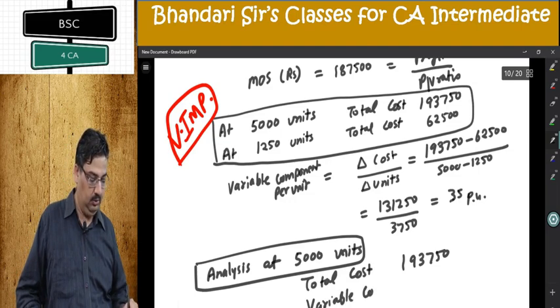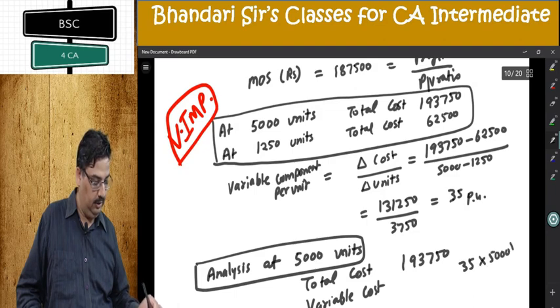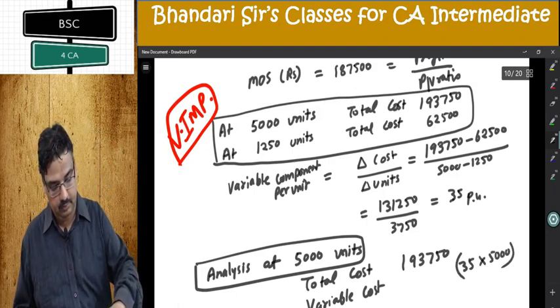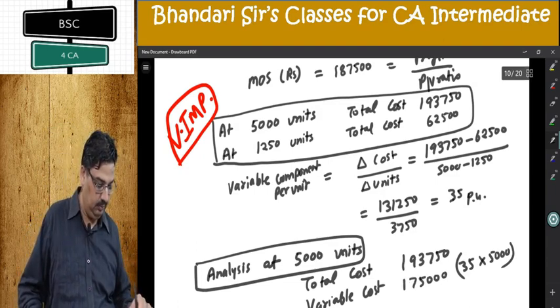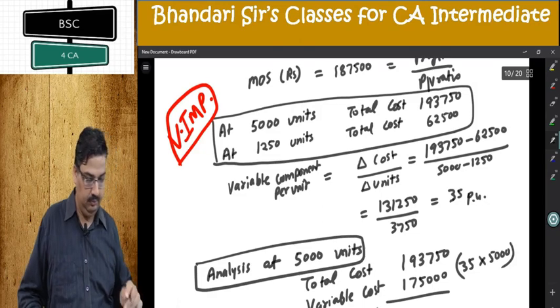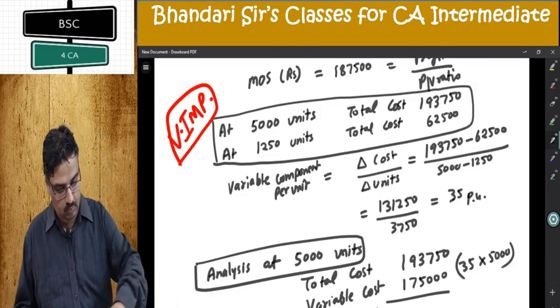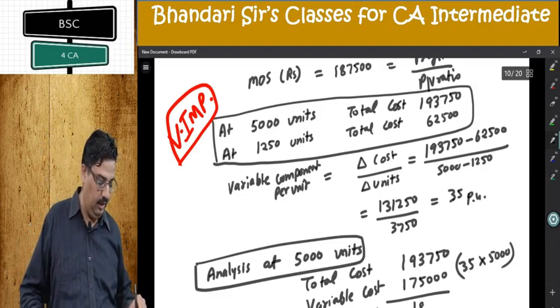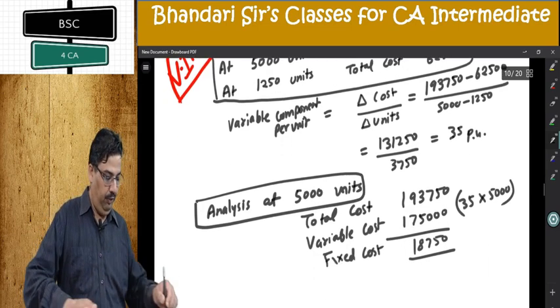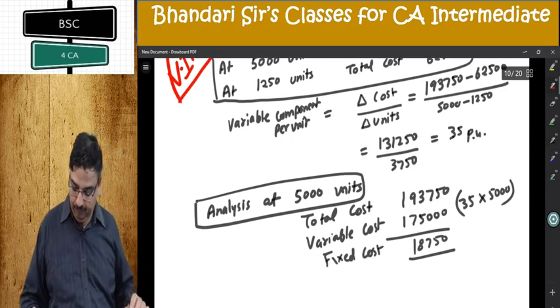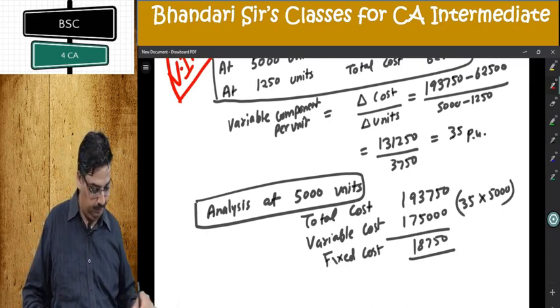Variable cost 35 into 5,000, 1,75,000. Balancing figure is fixed cost: 193,750 minus 1,75,000, 18,750 is fixed cost. Fixed cost gives me the answer of part 4.